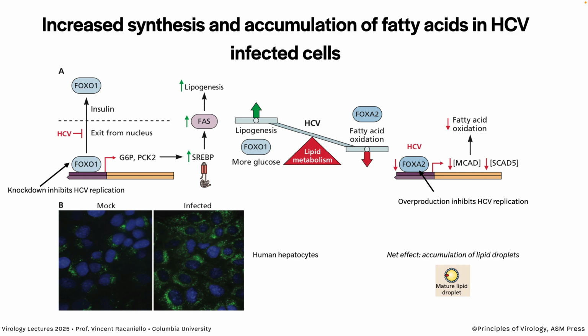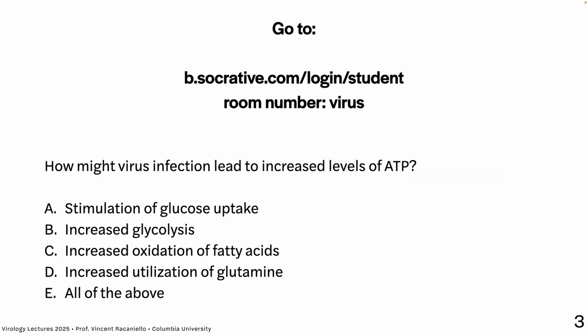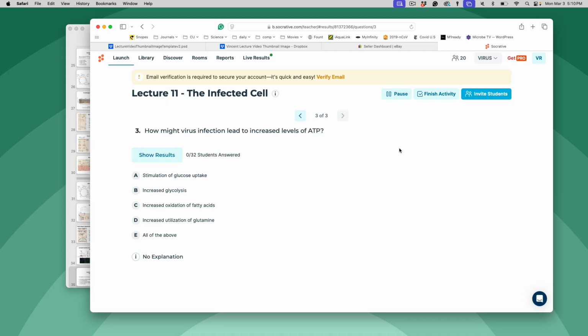It also prevents FOXO1 from exiting the nucleus. It makes it stay there so that it can transcribe these genes. And if you knock down FOXO1 expression, say by siRNA, you inhibit hep C replication. So just an example of the importance of lipids and the balance between oxidation and lipogenesis for viral replication.